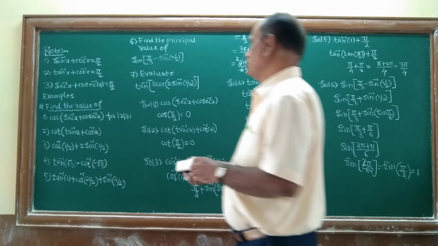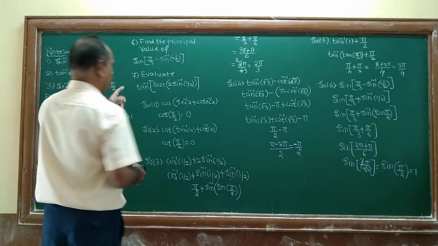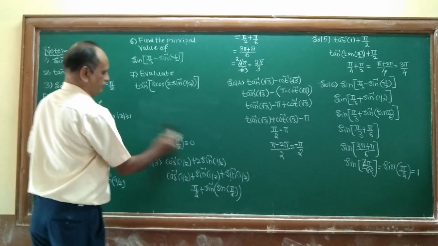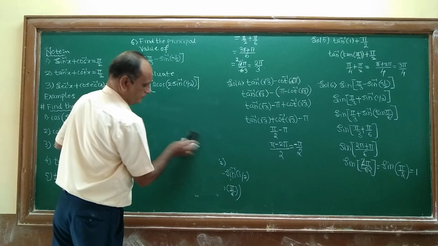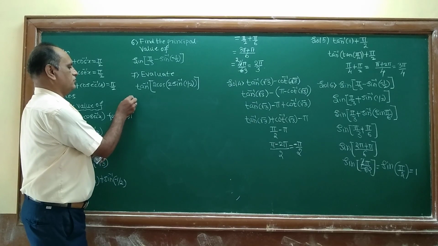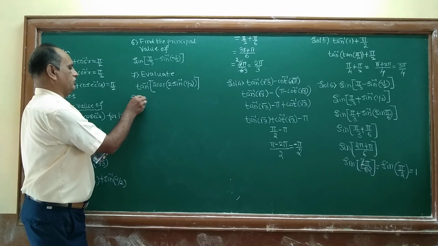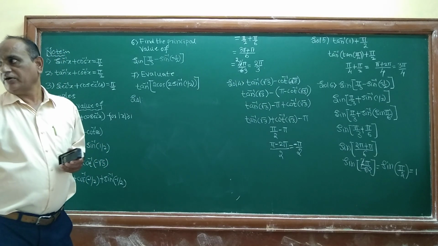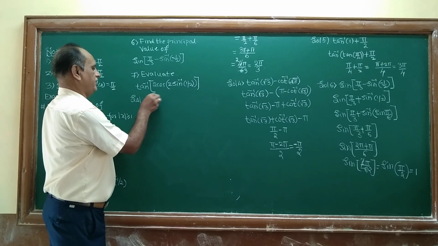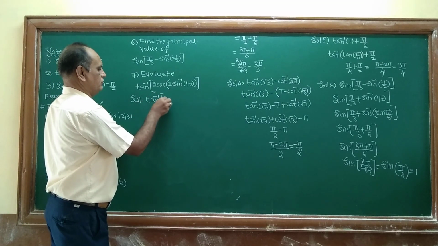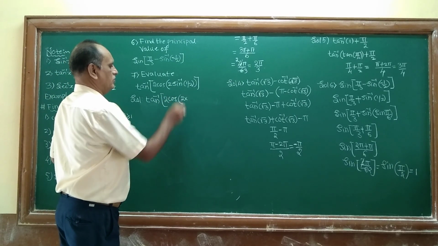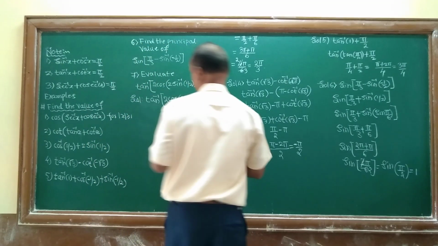Then come to the solution for the last one, the 7th problem, solution number 8. So the solution for the 7th one: tan inverse of 2 into cos of 2 into sin inverse of 1 by 2.